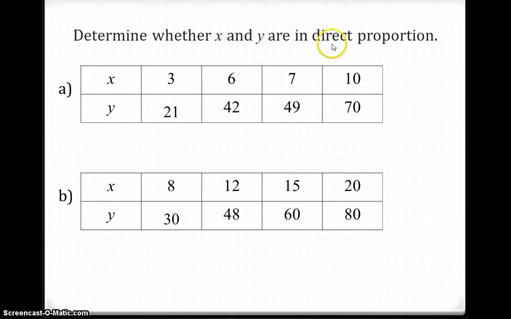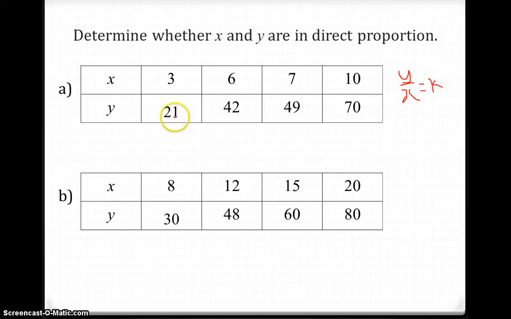Determine whether x and y are in direct proportion. So look at this case. How to determine whether a table of data is in direct proportion or not? We need to find, is y over x equal to k?